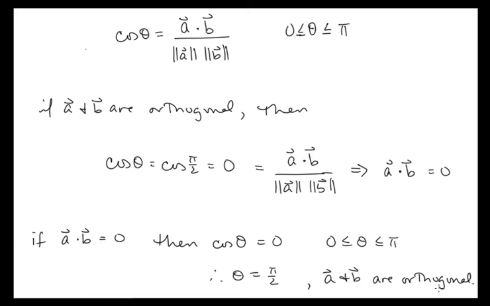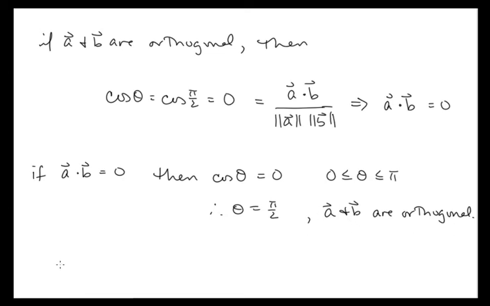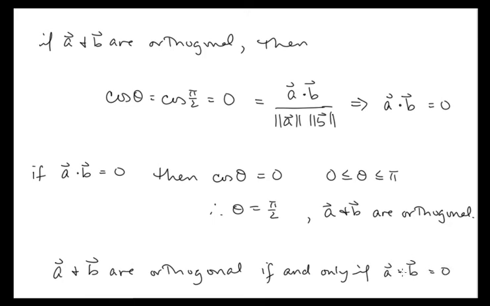If A and B are orthogonal, then A dot B is equal to 0. So we have an if and only if statement here. A and B are orthogonal if and only if A dot B is equal to 0. Also very important, you will want to remember that.